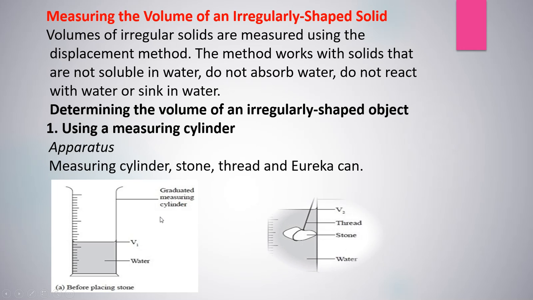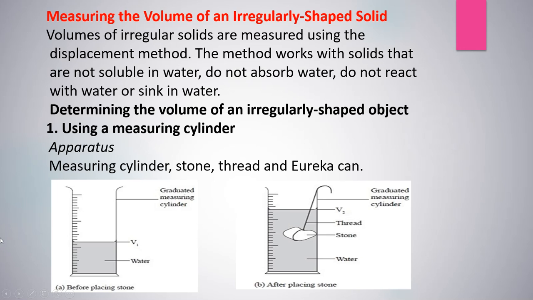The stone is tied on a thread and gently lowered into this. It will displace the water, which was initially at V1, to rise up to a higher height, whose volume will be read as V2.